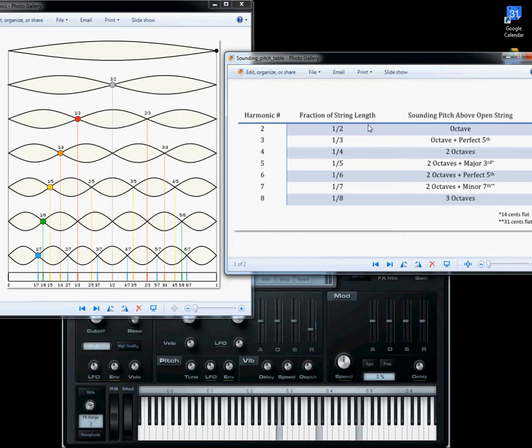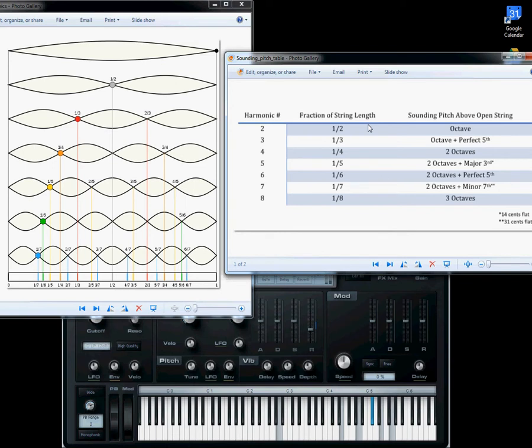Then the next one's going to be a major third. Next one's going to be 2 octaves plus a fifth. Then the next one's going to be a minor seventh. So that's how harmonic structure works.